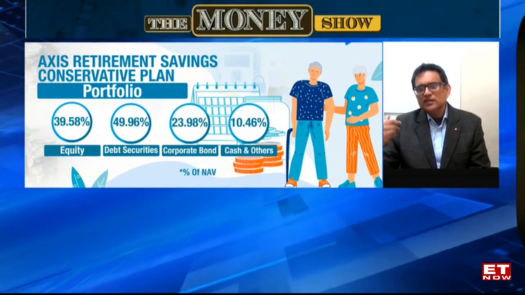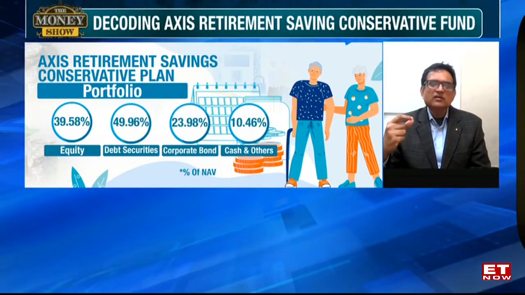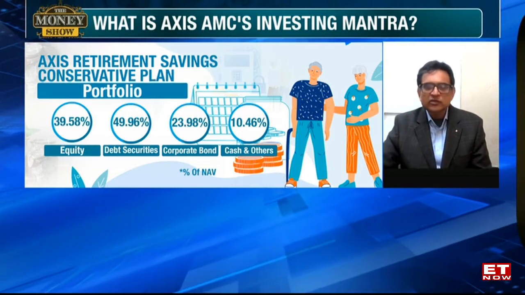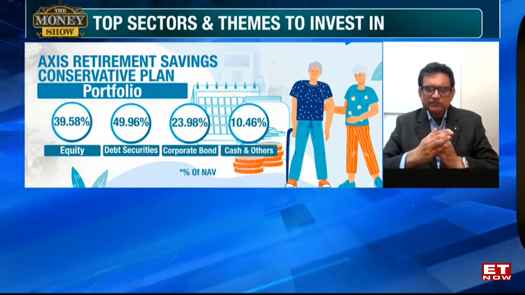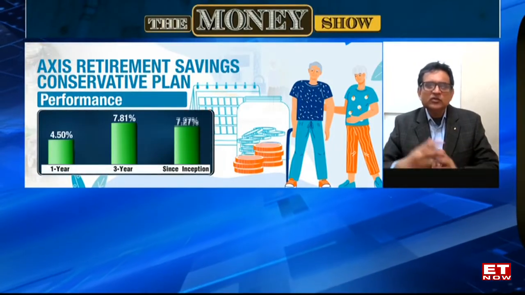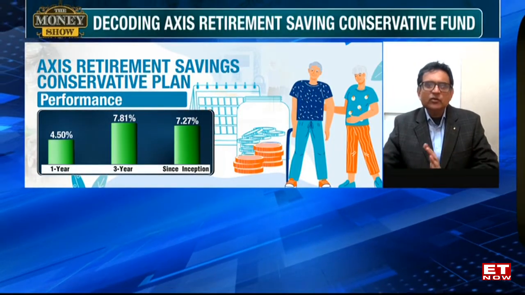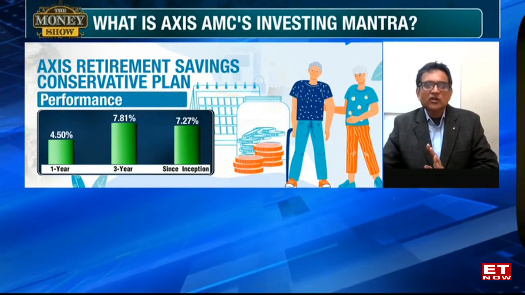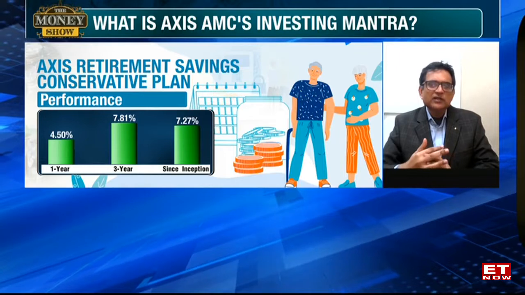The beauty of this is that because you're redeeming in fractions, your tax liability is only to the extent of the units redeemed. And this fund falls in that greater than 35% equity basket, which means it gets debt with indexation benefit, right? So therefore, there is indexation benefit or long-term capital gains tax benefit to an investment like this.